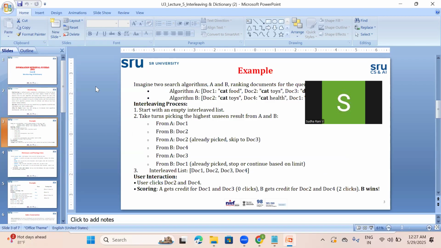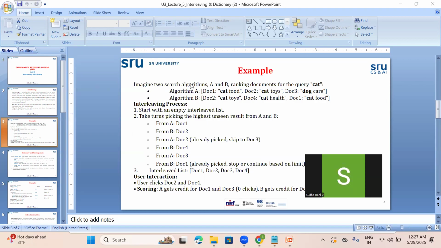We can see the example here. What is interleaving? Imagine two search algorithms, A and B, rank documents for a query. So here we are doing algorithm A. What are the words we have in document 1 and in document 2? Just as we discussed, the same thing is repeating. From document 1, cat; document 2, cat food, cat toys, care.